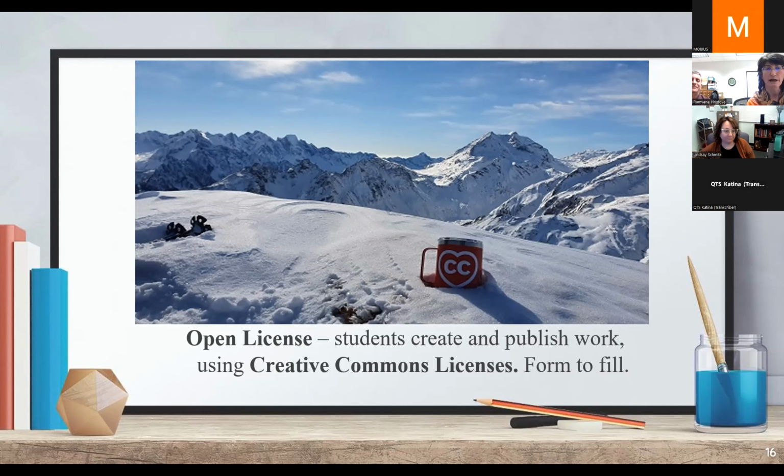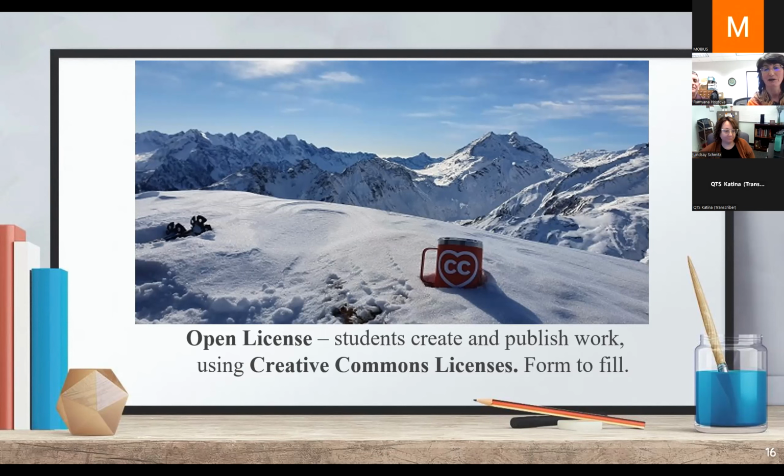But I also use this moment as a teachable moment to introduce students to the broader concept of open access and the whole open ecosystem, which involves open source, open science, open data, etc. It's a really good moment where students can learn about this whole movement, and it goes really well.